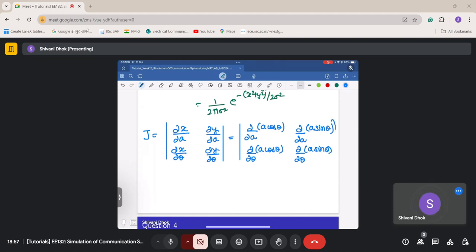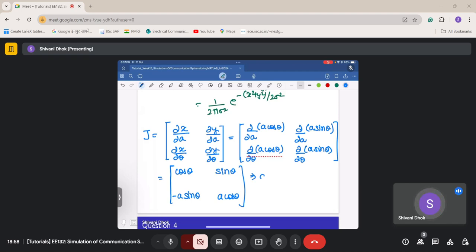Okay, this is a matrix, not a determinant. Now we can write this as cos theta, sin theta, then the differentiation of cos theta gives minus A sin theta, and this is A cos theta.